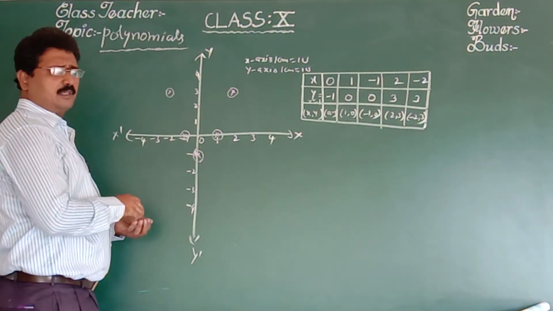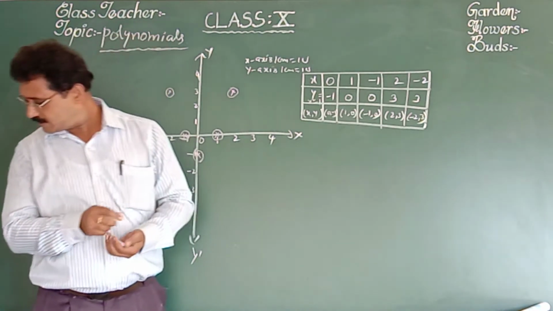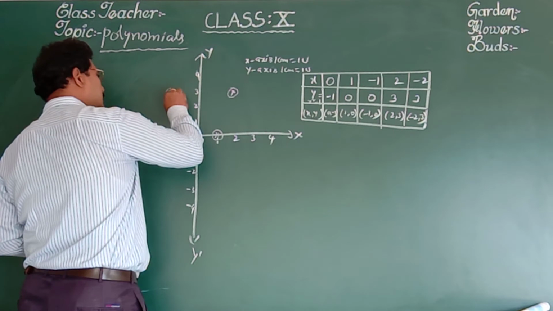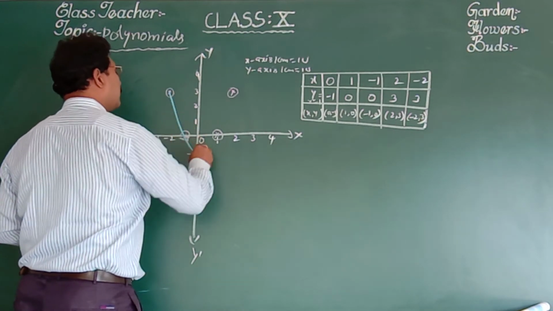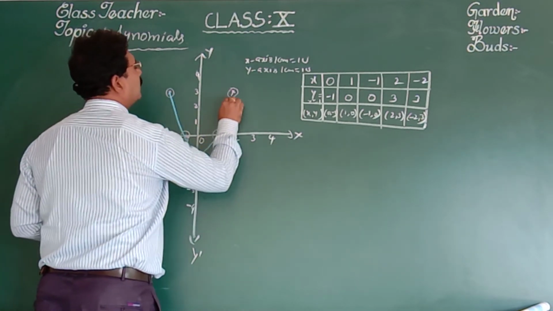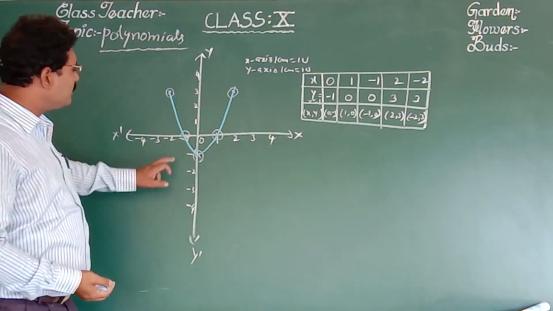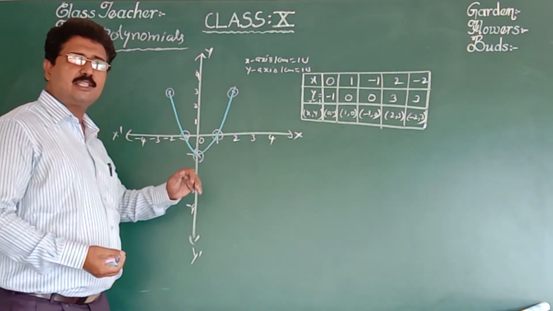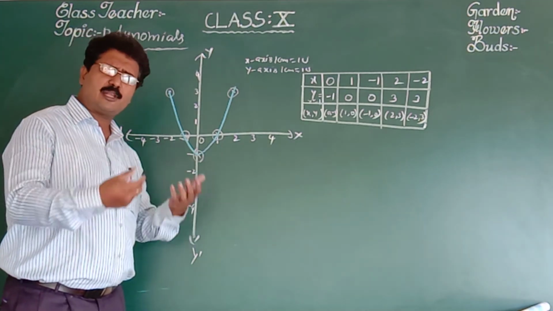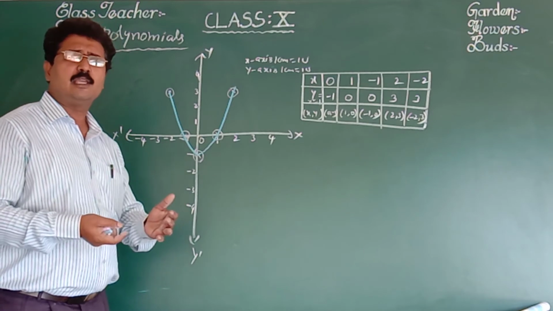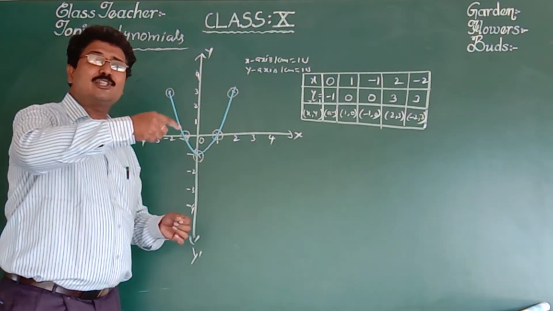Now draw the graph like this. This is a parabola. In this graph, whether it is a parabola, a different figure, a straight line or a curved line, whatever it may be, just note down where it touches the x-axis.